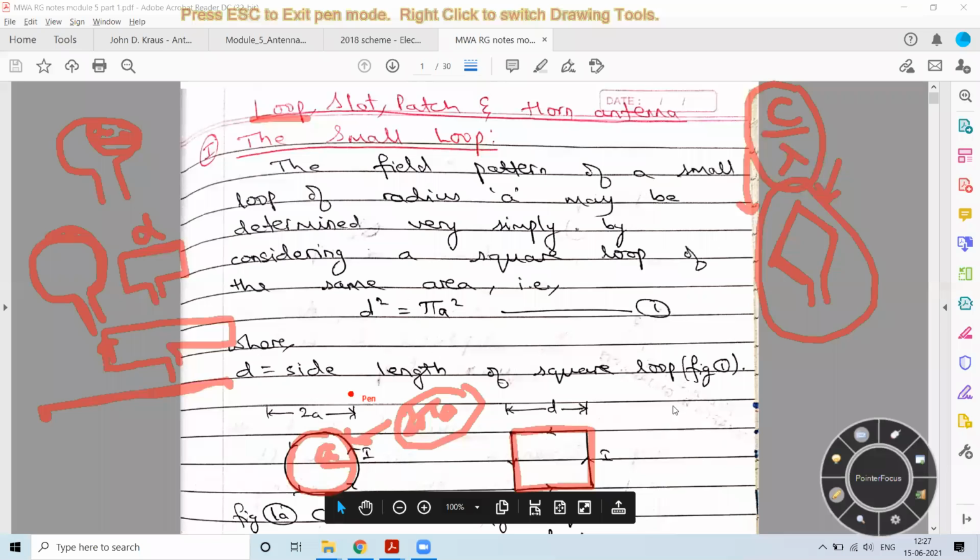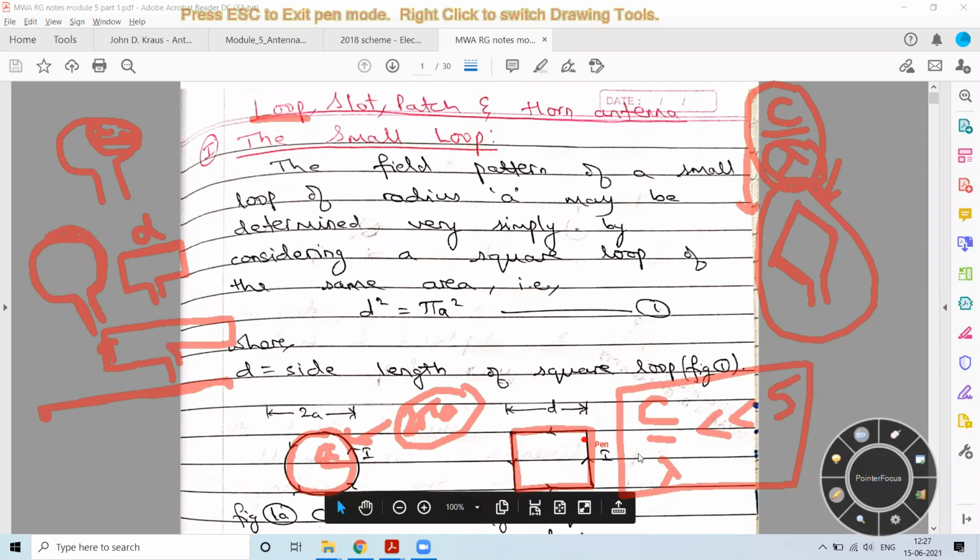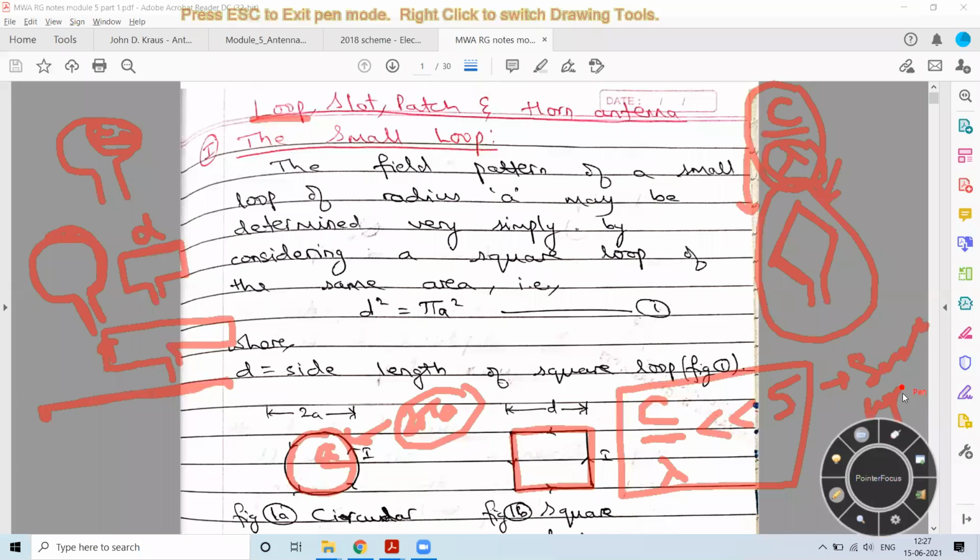Based on that, if C by lambda is very much lesser than pi, this is the condition relating the circumference of the loop antenna and the operating wavelength, then I classify the loop antenna as a small loop case.